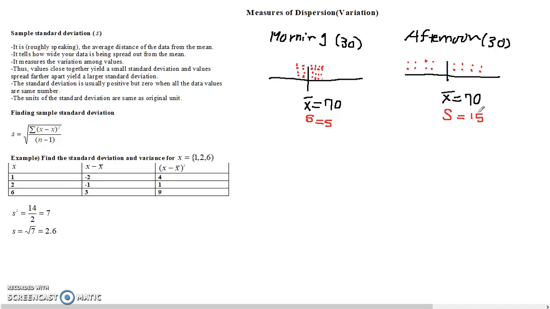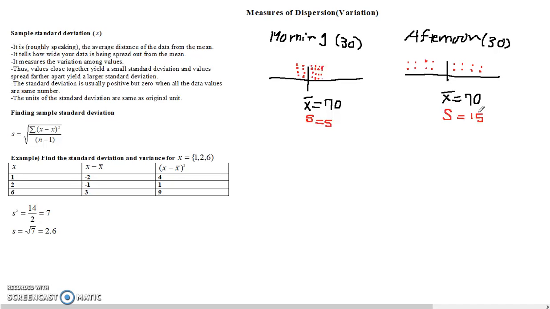Compared to the afternoon class, even though we have the same number of students and same average, these scores have a lot larger variation and are spread out compared to the morning class. So the sample standard deviation gives you another dimension of looking at these data.